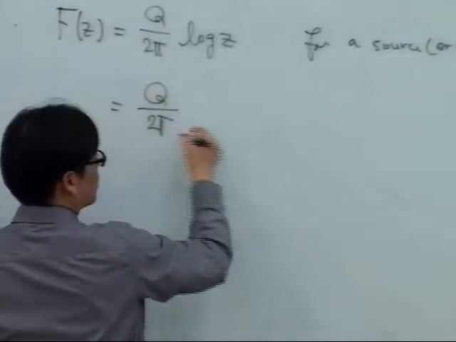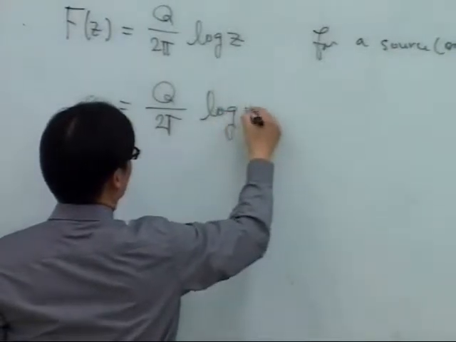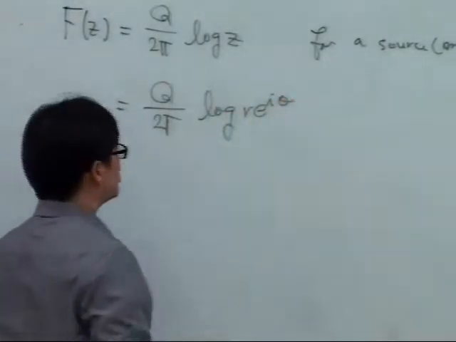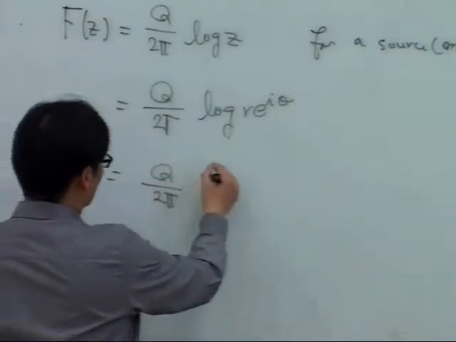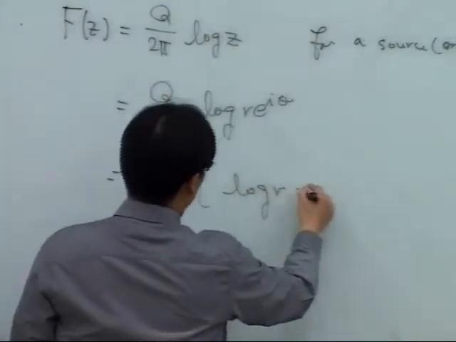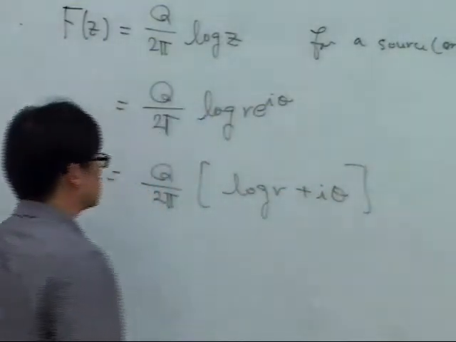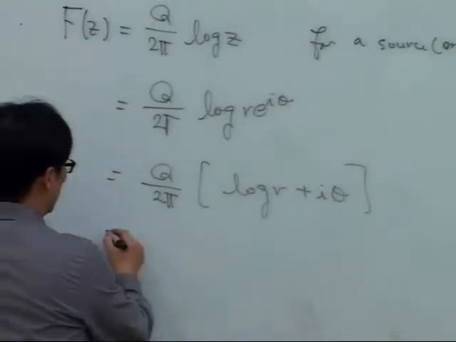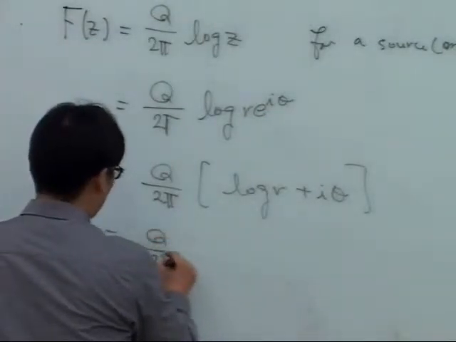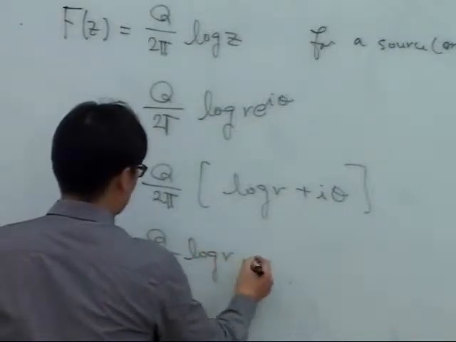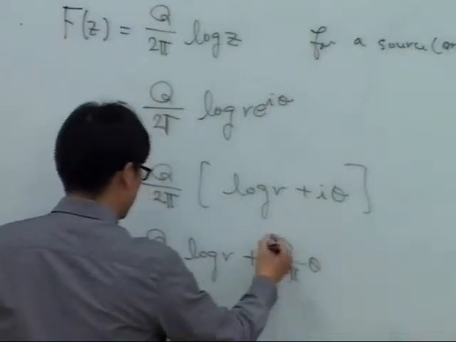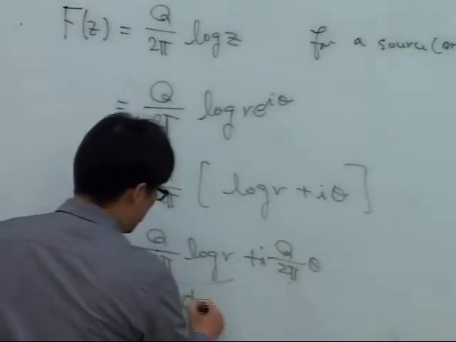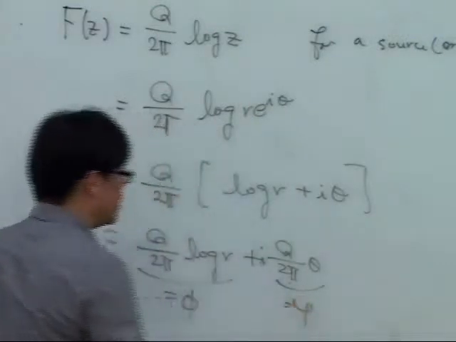Therefore, if you put the expression for z here, I have Q divided by 2 pi times log r plus i theta. So I have Q over 2 pi log r plus Q over 2 pi theta i. So this is phi, and this is psi, the stream function.